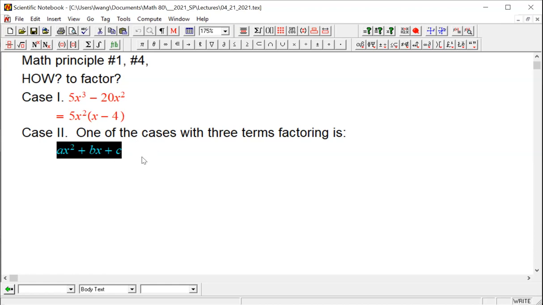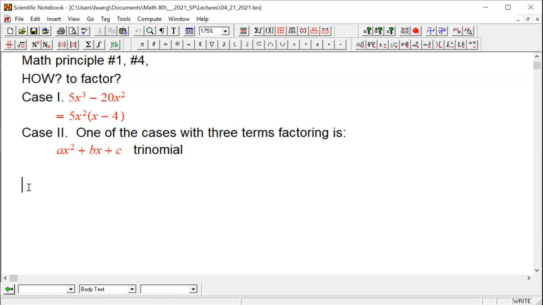So a lot of the methods we have studied are about factoring this form. It's called a trinomial. Have you heard of that word? Trinomial. In most textbooks, usually about one chapter, or 3/4 of a chapter, is dedicated to factoring trinomials.